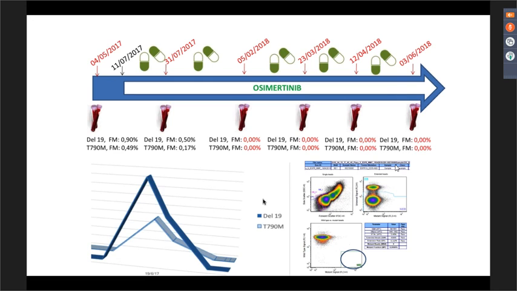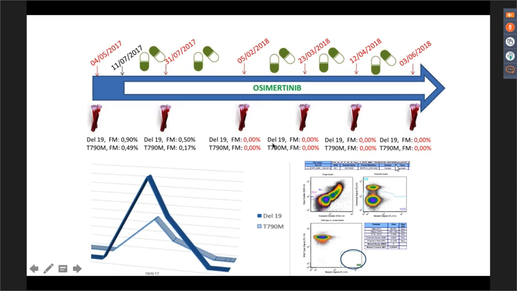She started the osimertinib in July last year, and these were the mutant fractions that we found in liquid biopsy before the initiation of osimertinib. You can see that after 1 month of treatment, there was a dramatic drop of the sensitizing and resistant mutation in liquid biopsy.